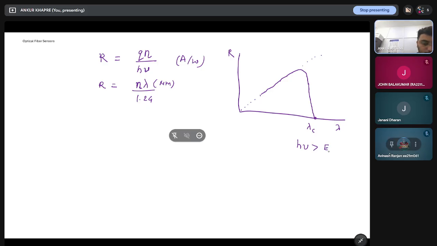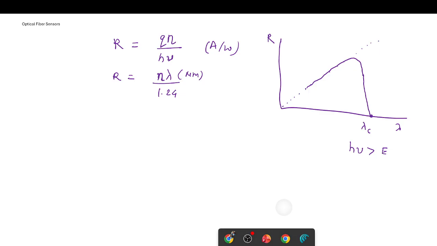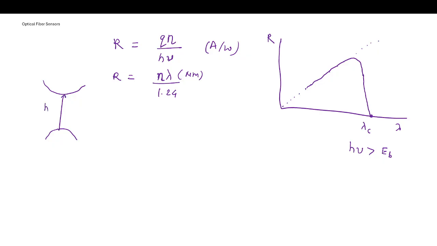And that's why, after a certain band gap, it can't be detected with the photodiode, because the absorption won't be there.